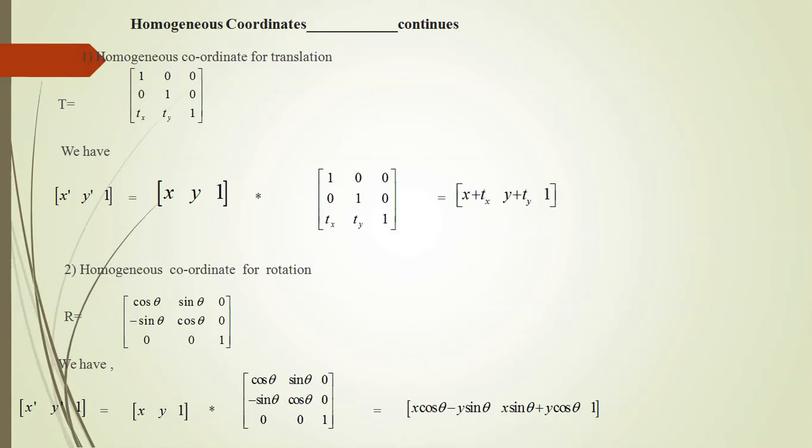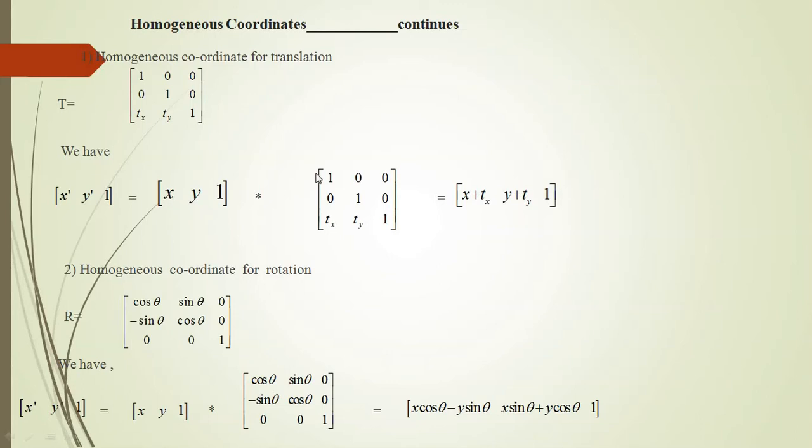So we calculate x dash y dash and the third coordinate w, that is 1, which is equal to our old coordinate x y 1 into the translation matrix, that is 1 0 0, 0 1 0, Tx Ty 1. By using this calculation the answer is x plus Tx, y plus Ty and 1.